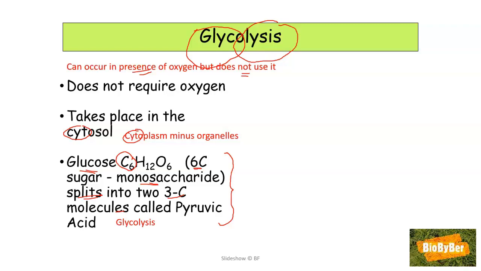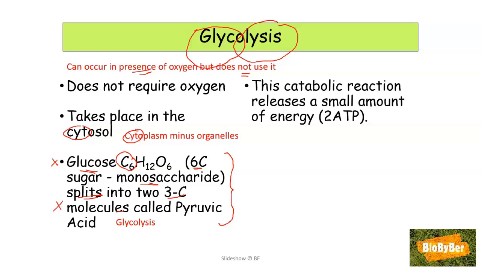It is a catabolic reaction because the glucose, a complicated chemical, is broken down into simpler molecules with the release of energy. The catabolic reaction actually releases a small amount of energy which is stored in the form of 2 ATPs.